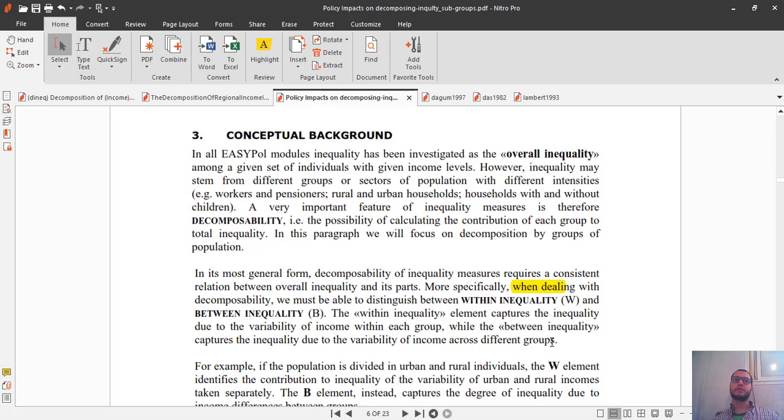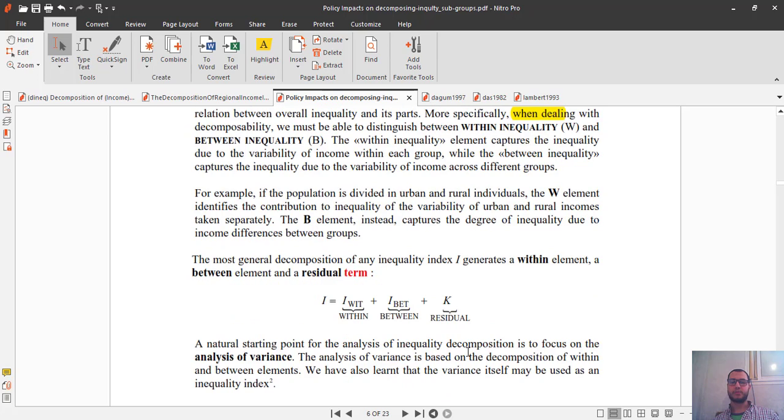Also, the Europe region has what we call the NUTS, the nomenclature of territorial units for statistics. An inequality index generates a within element, a between element, and the residual term.